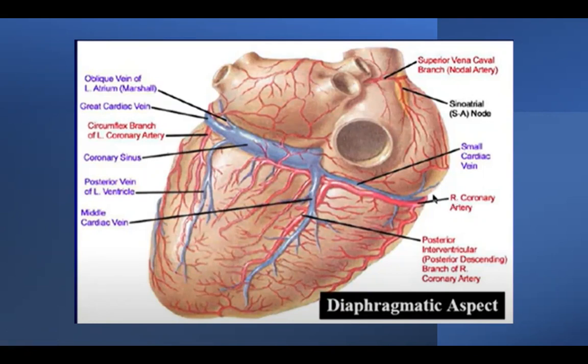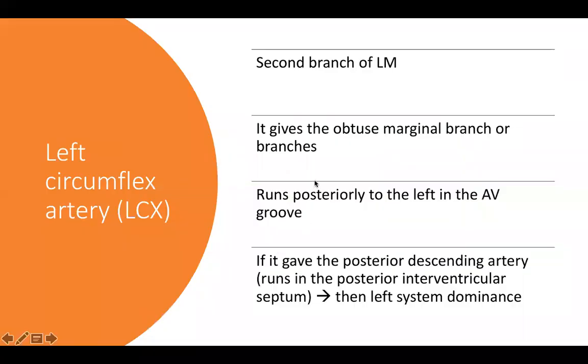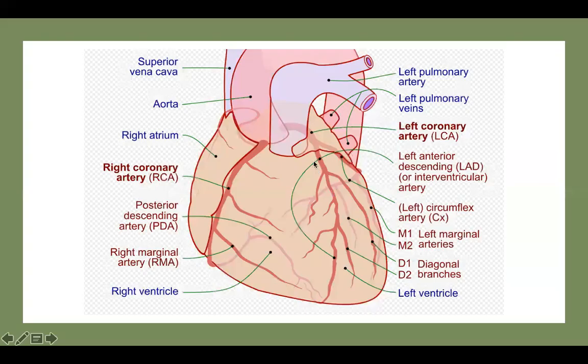In 85% of the cases, the PDA comes from the right coronary artery, and in only 15% it comes from the circumflex. So the circumflex is the second branch of the left main.